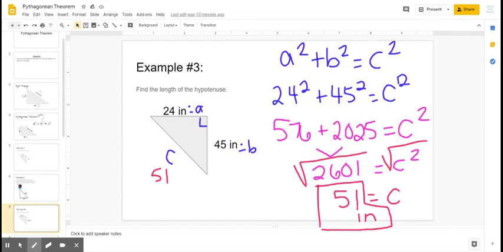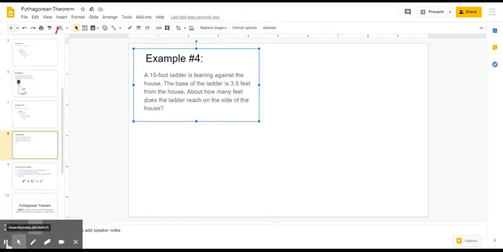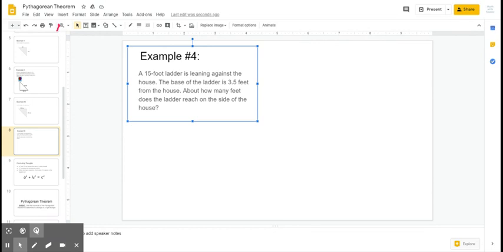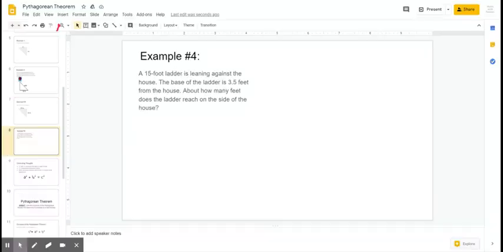All right, and then in our last example, we have a 15-foot ladder leaning against the house. The base of the ladder is 3.5 feet away from the house. How many feet does the ladder reach on the side of the house?